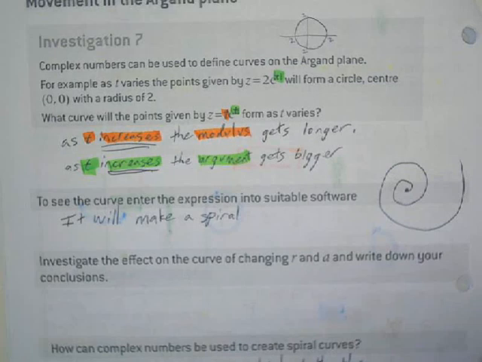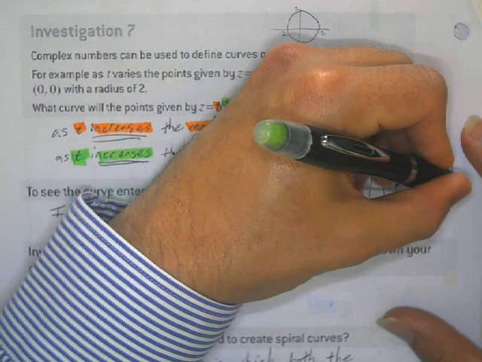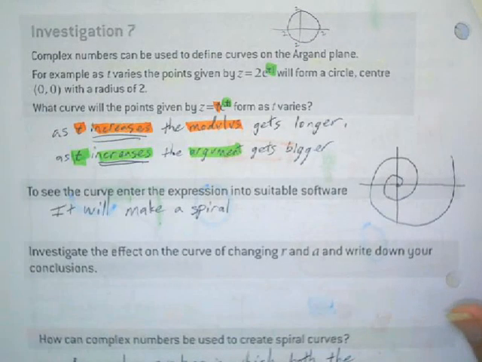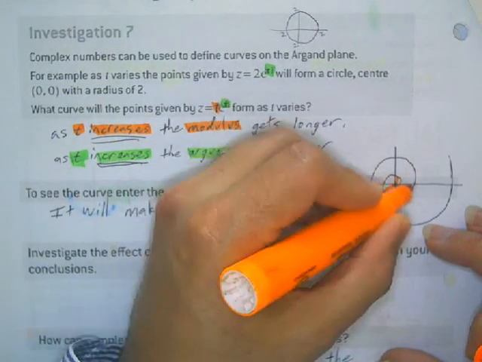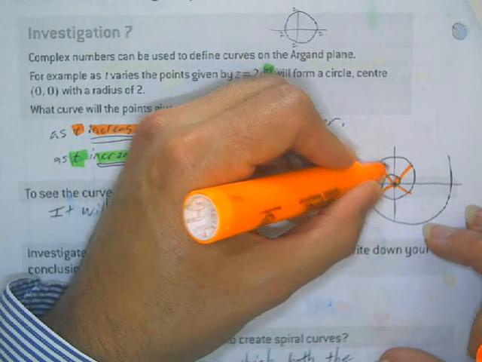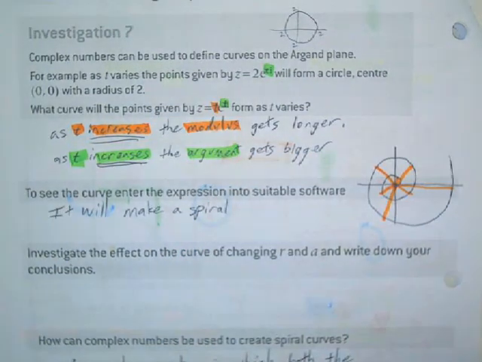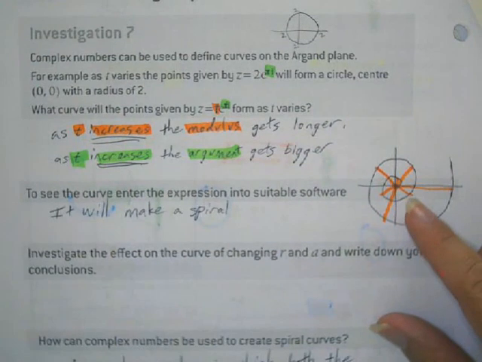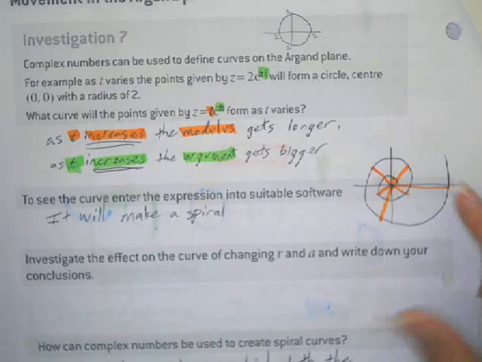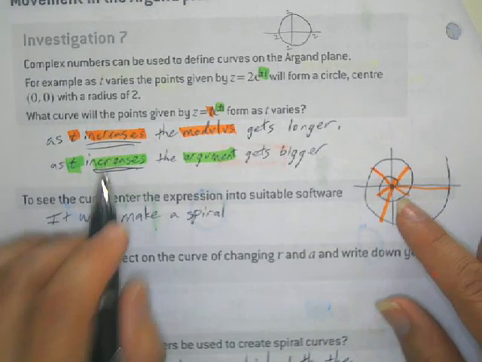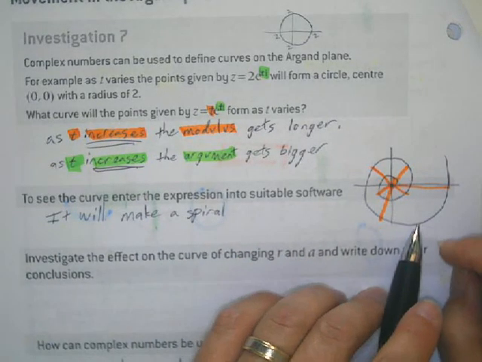When that happens, you're going to end up with a spiral that keeps getting bigger. The orange lines keep getting bigger and bigger, and the angles keep increasing because we're multiplying our complex numbers together, so that's making the argument bigger, which is causing the result to rotate.